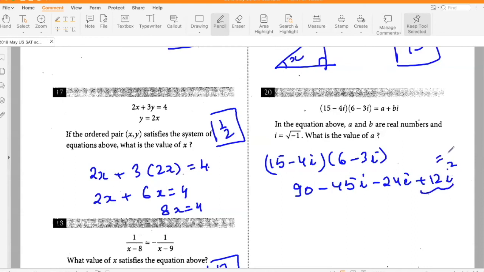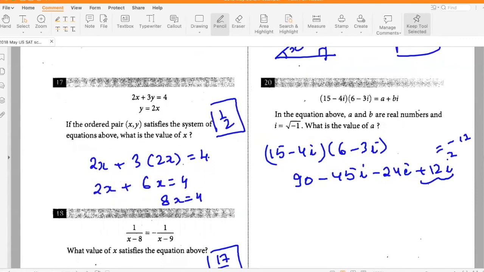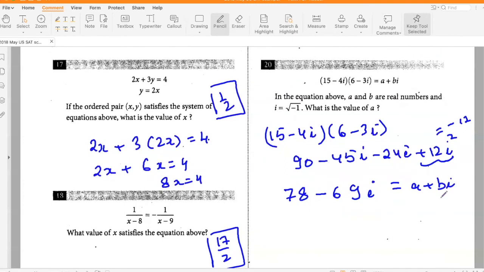Plus 12i squared will be negative 12 since i squared is minus 1. So 90 minus 12 is 78. And minus 45 and 24, minus 69i. So this is a plus bi. So a is 78 and b is negative 69. So the answer is 78.